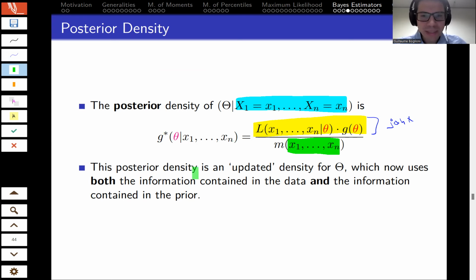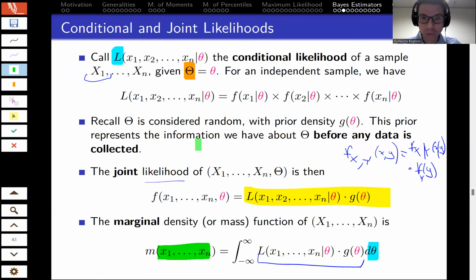This posterior density is an updated density for theta, which now uses both the information contained in the data and the information contained in the prior. So this depends on both the data we've actually observed, that gives us a lot of valuable information about theta, because the data is generated under theta.